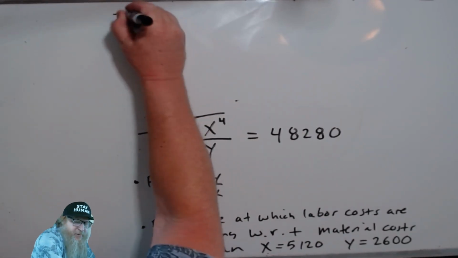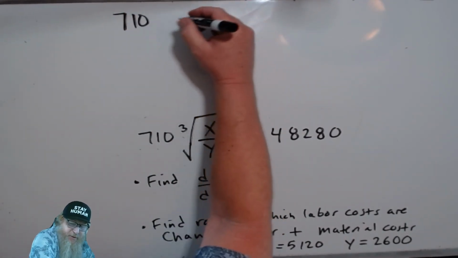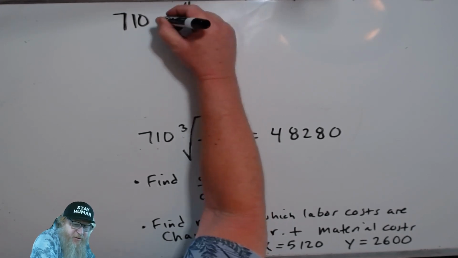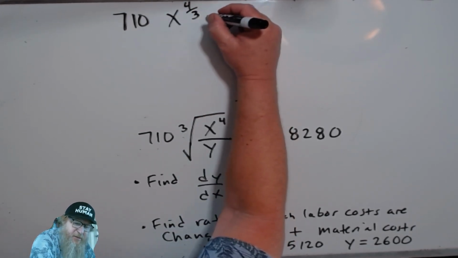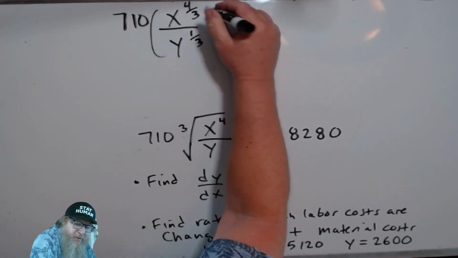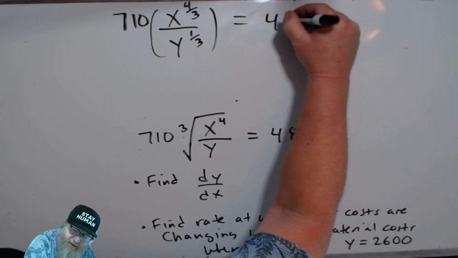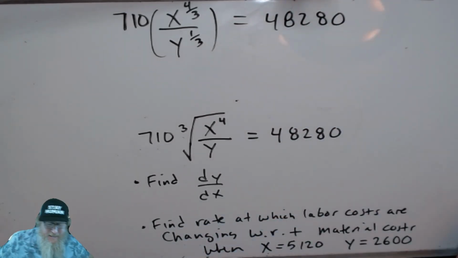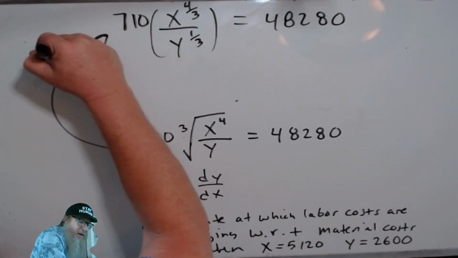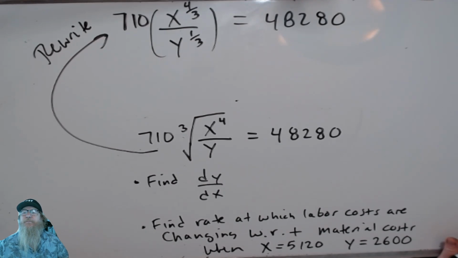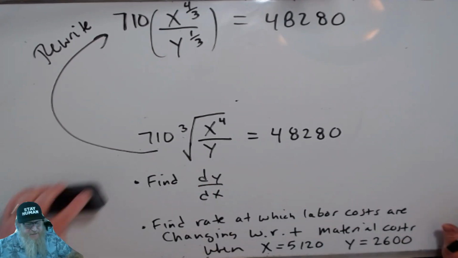So 710, I'm going to rewrite this as x to the 4/3 over y to the 1/3 equals 48,280. So I'm going to rewrite the equation first. Let's try to simplify this a little bit.